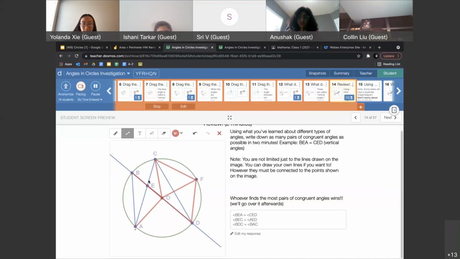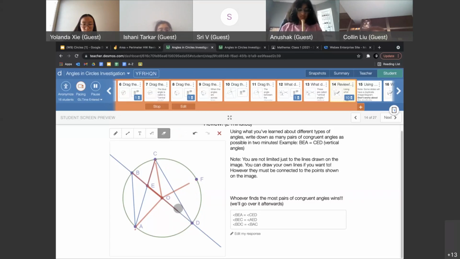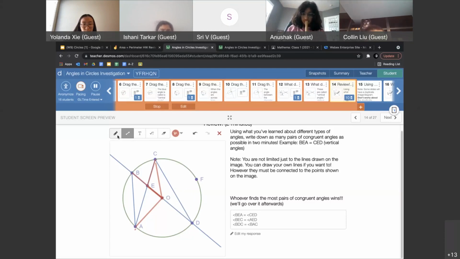Oh, EOA and CEO. Okay, I was just going to draw them. We wouldn't know if they're equal. Even given the diagram, we can see CEO is obtuse, but EOA is not. It's acute. So judging by the image, it's probably not.